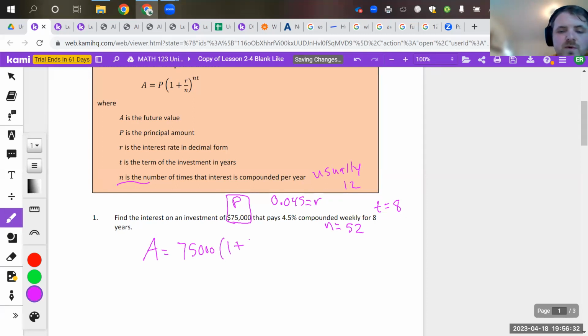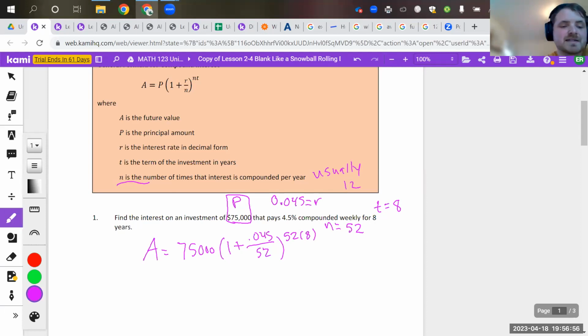The R is 0.045. The N is 52, all raised to the 52 times 8. If it's me, I'm going to just do the best I can with the parentheses and the calculator that I have.